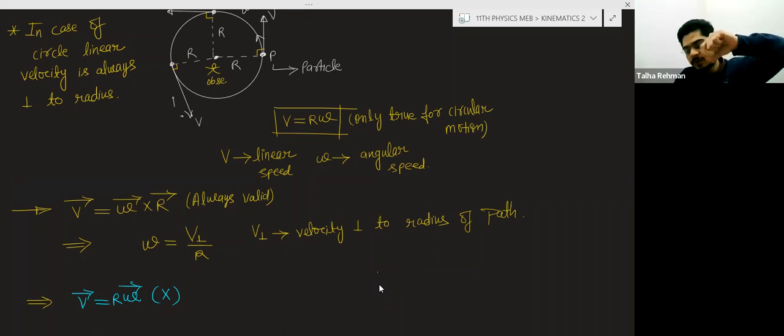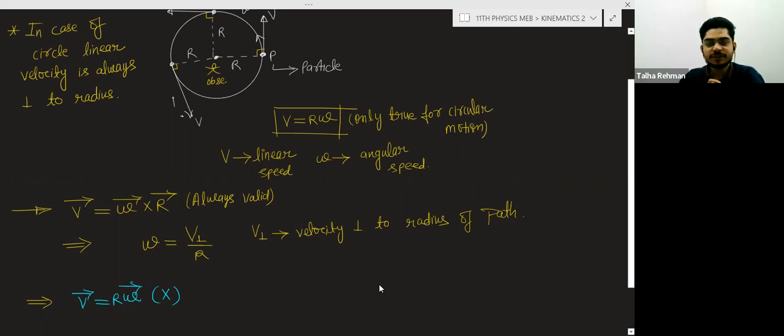And for the direction, you will just draw the tangent. Why I am saying the velocity will be different at different points, you will get to know when we discuss the acceleration. In case of the circular motion, even if the speed is constant, the velocity will always change.